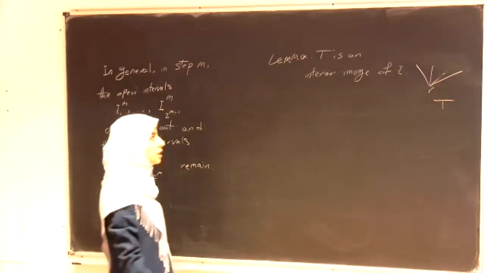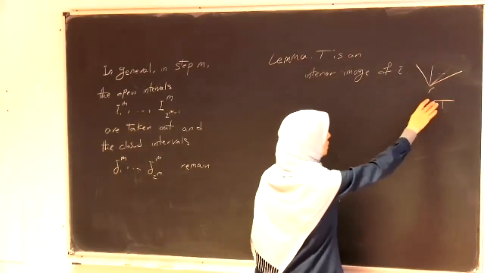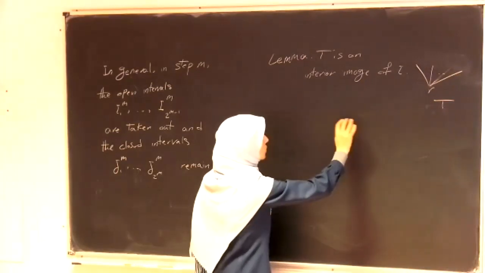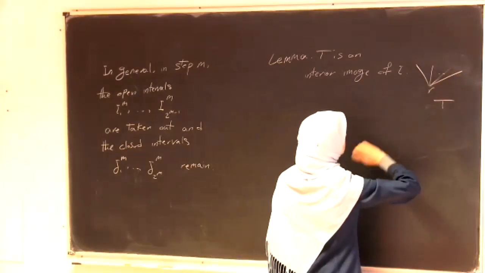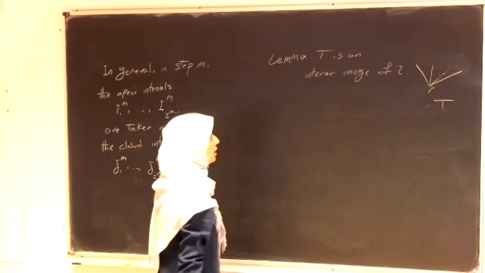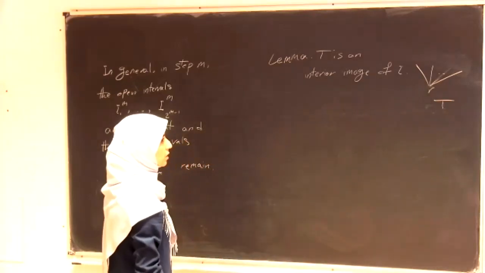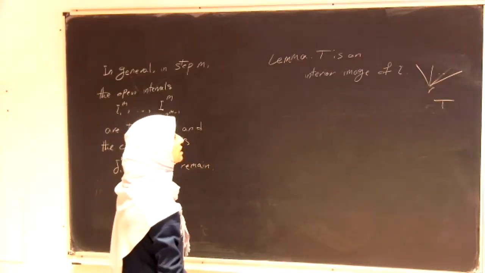So in this case, I want to show that any such tree of depth 2 with n successors is an interior image of some open interval in R.